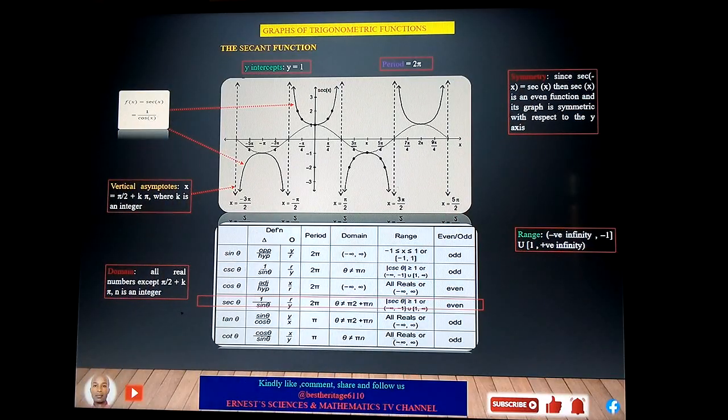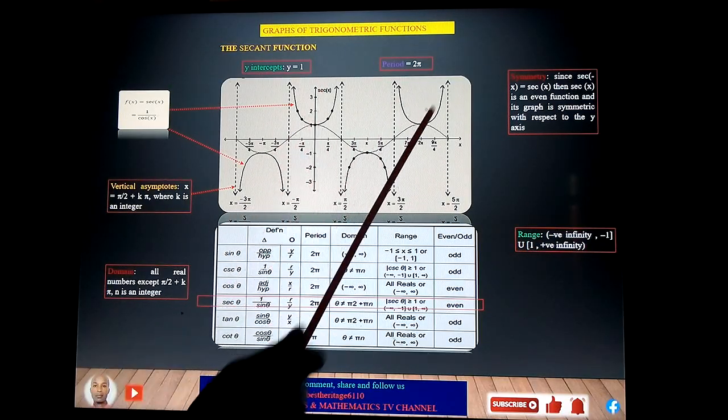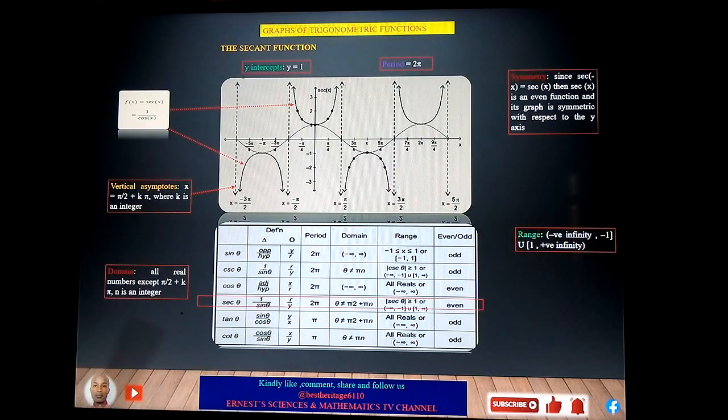In terms of symmetry, this is an even function, as I mentioned, and it's symmetrical with respect to the y-axis. Now, these are the characteristics of the secant of x, as we may refer to it generally.